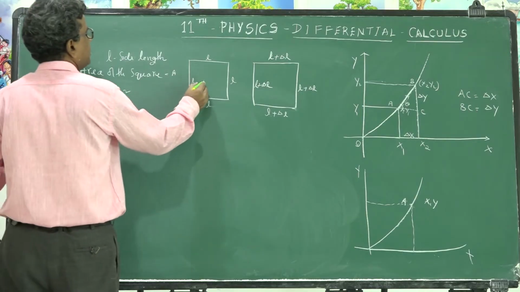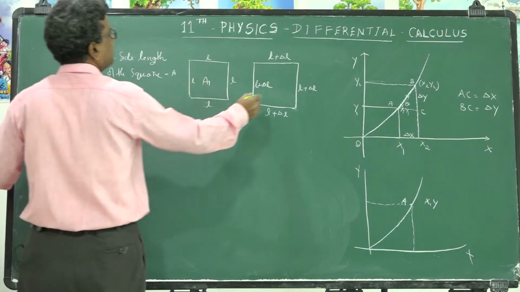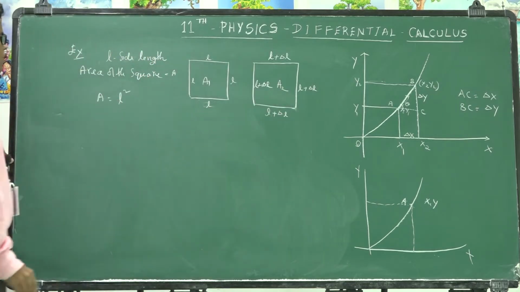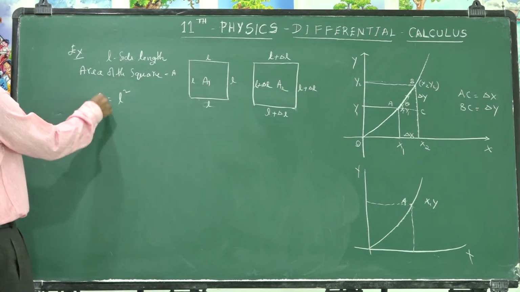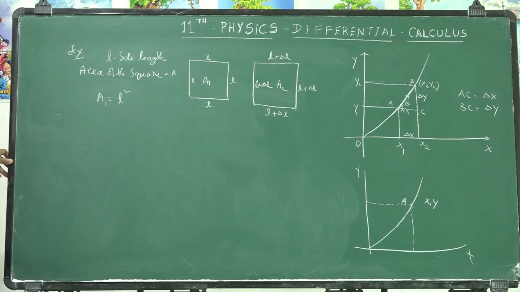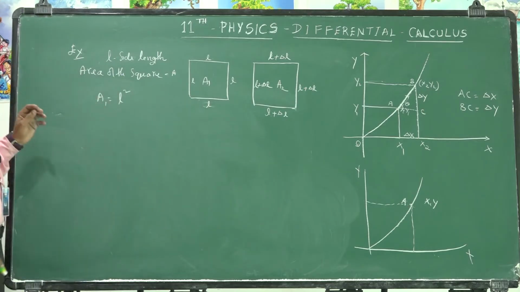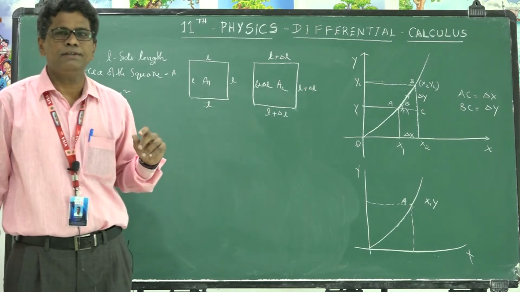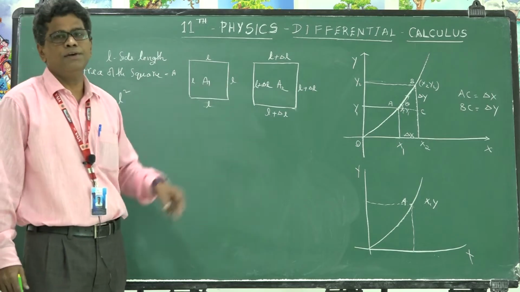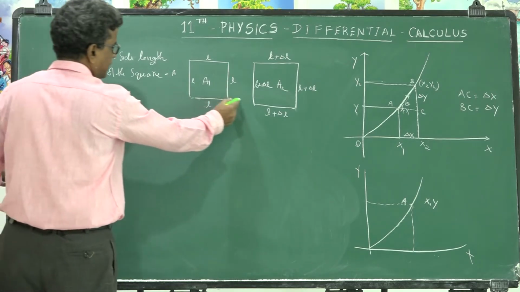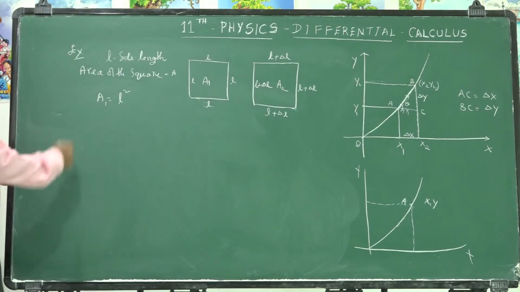Let the initial area be A1 and the final area be A2. So the initial area A1 is equal to L square. This area is a physical quantity which is a derived quantity, and this length is a fundamental quantity. If this fundamental quantity changes, then this area also changes.